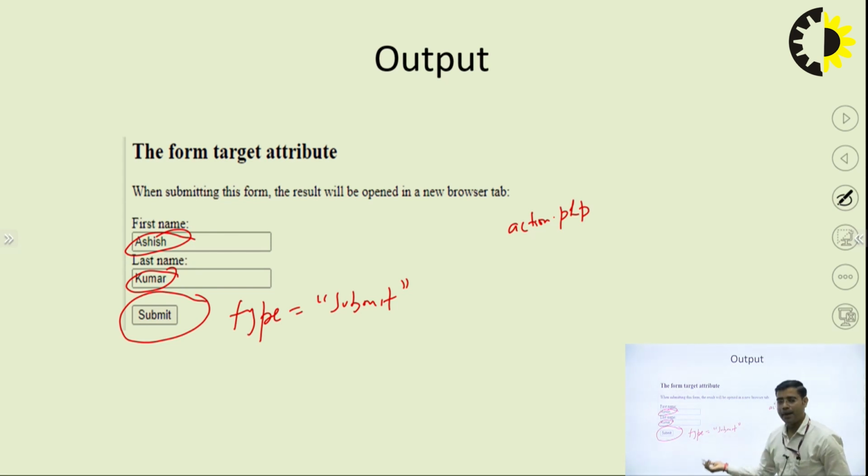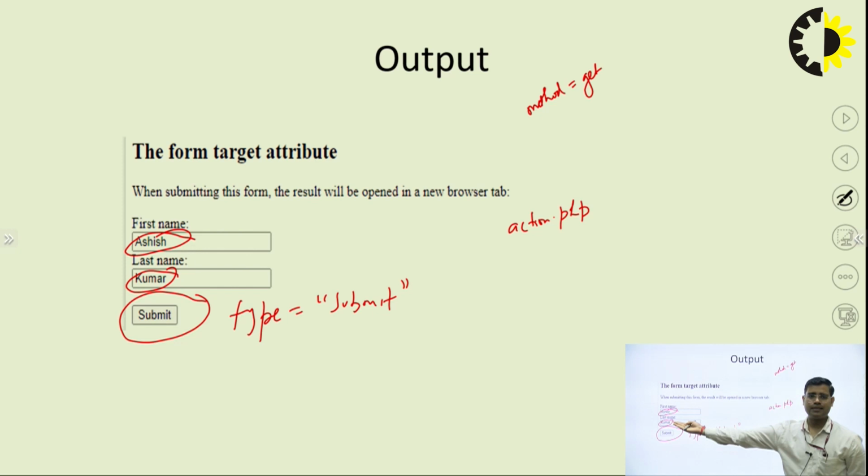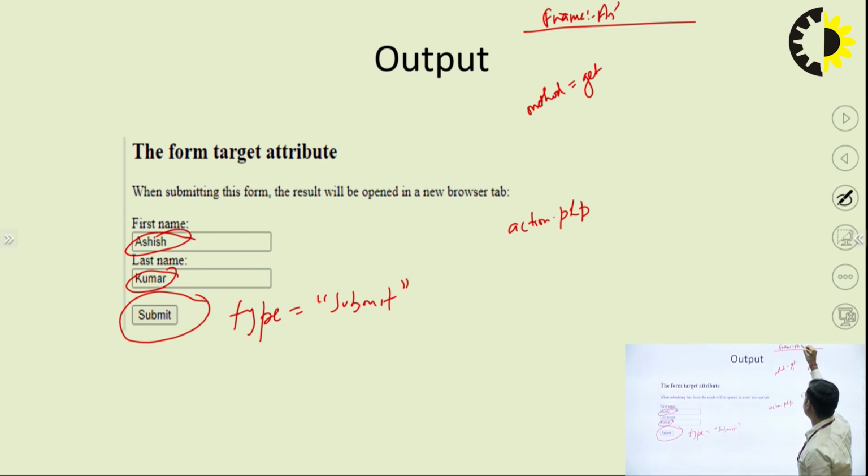If you are using the method get, then there is no sensitive information, so that data is visible in your URL, like f name Ashish and last name Kumar. There is no sensitive information like a password. If there is a password, then you can use the method post.